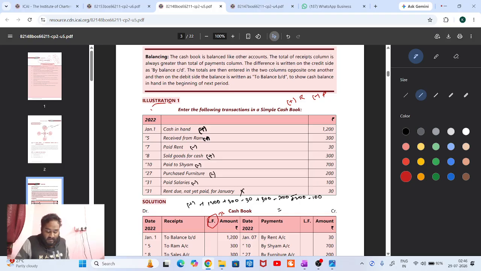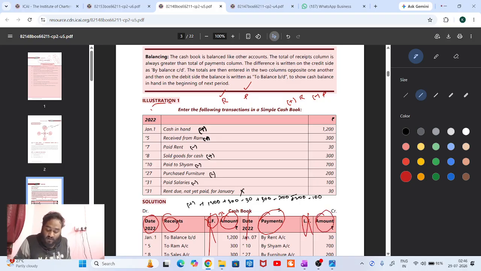Basically, date, receipts, and amount; date, payments, and amount. Just remember, simple: receipts and payments.